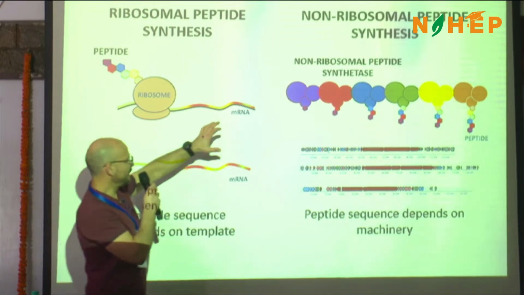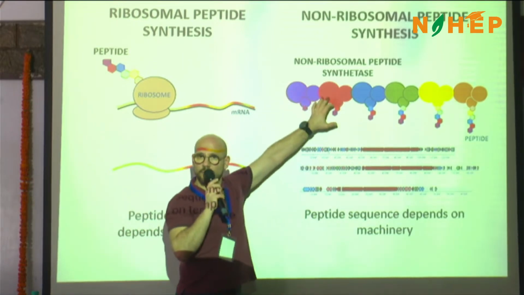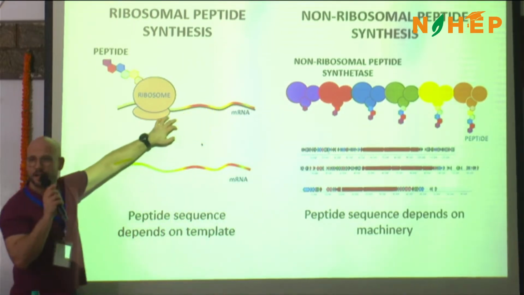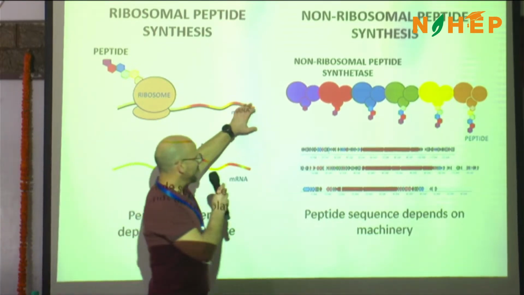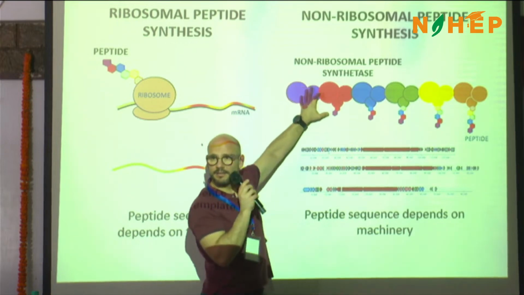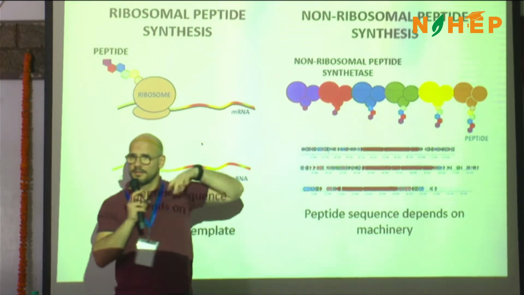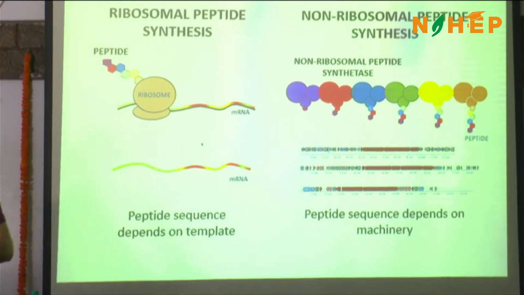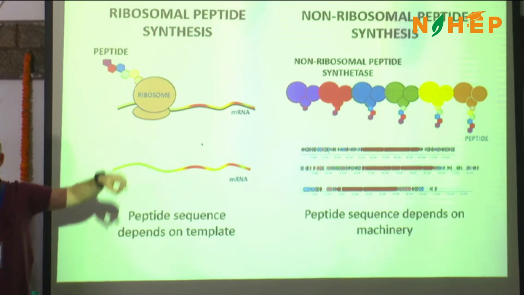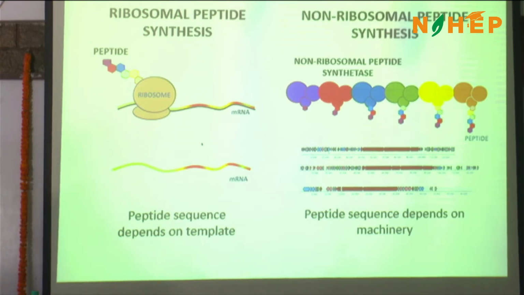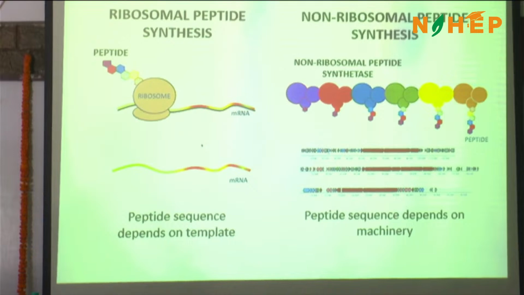If you see here, we didn't involve mRNA. So the protein is directly synthesizing the peptide. Yeah? It's not the ribosome synthesizing the peptide. It's the protein synthesizing the peptide.